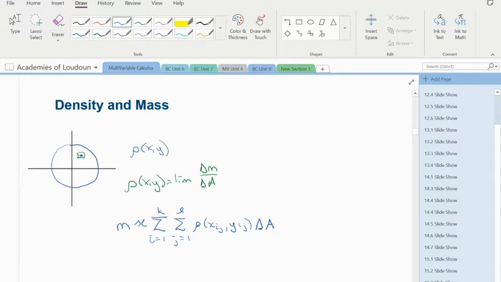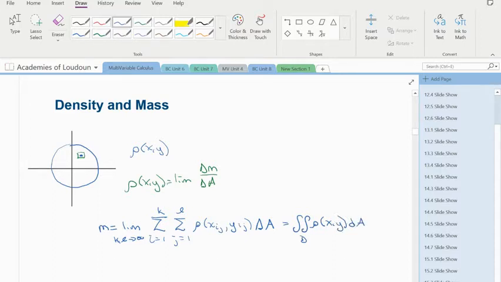Now, if we increase the number of subrectangles, we then obtain the total mass as the limiting value. So we end up with that the mass is the limit as k and L approach infinity, which then gives us the double integral over the region D of our density function, rho of x, y, dA.